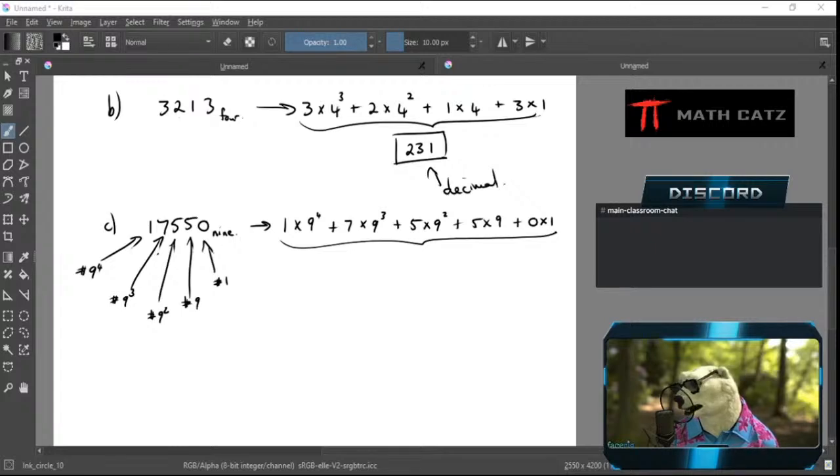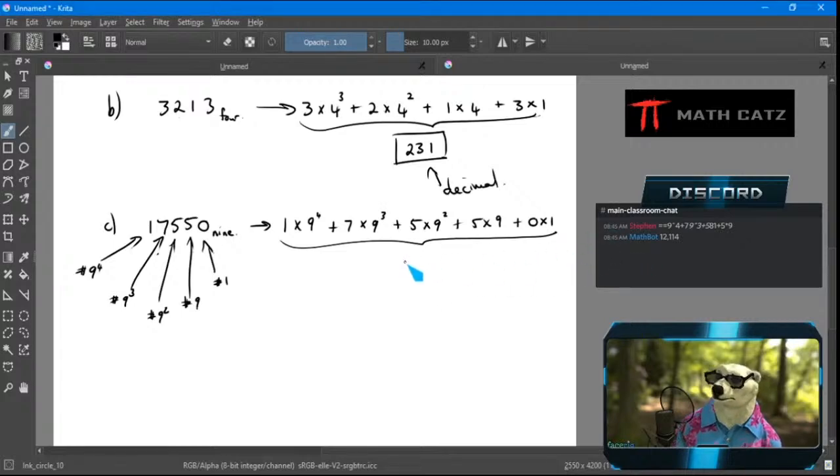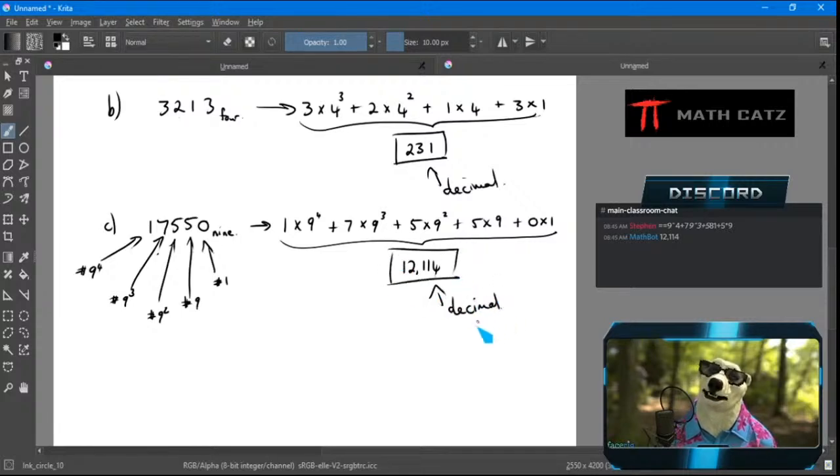Plus 5 times 9 squared, I know is 81. Plus 5 times 9, I could have just written 45. And 0 times anything is 0. And we get 12,114. That is my decimal equivalent value for the quantity being represented.